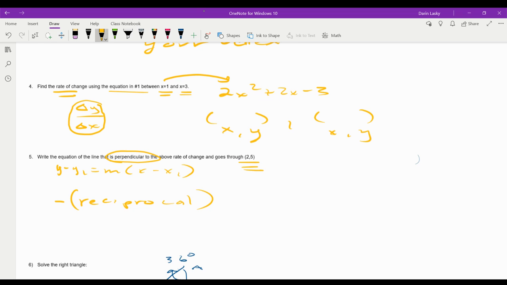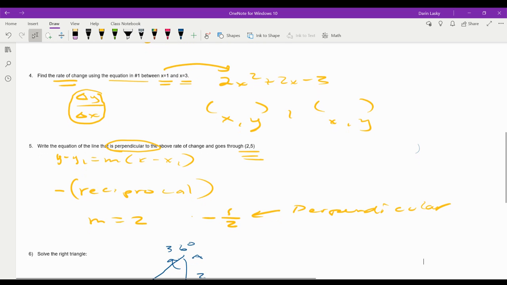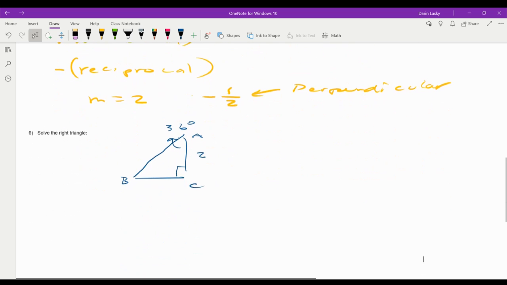So in other words, if the slope is equal to 2, I flip the slope over and make it a negative. Okay? So that's the perpendicular slope right here. Again, these are all in your notes already, so hopefully you've been taking good notes. If not, these are just little quick hints.